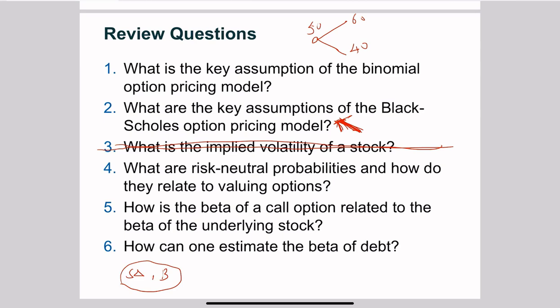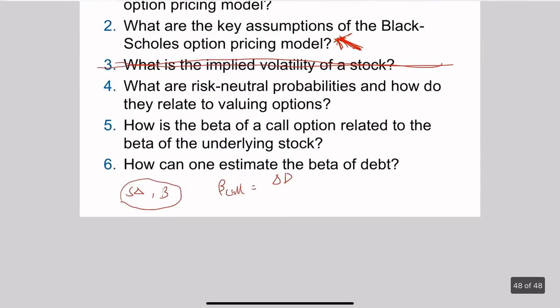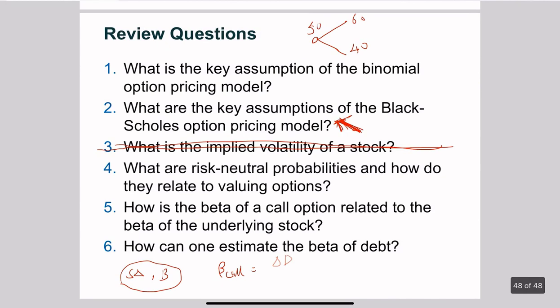So this portfolio's beta would be the portfolio weight of the stock times its beta, and of course, the portfolio weight of debt times the beta of debt.